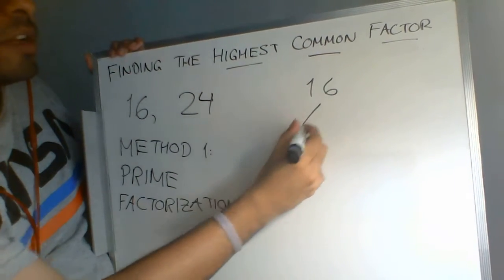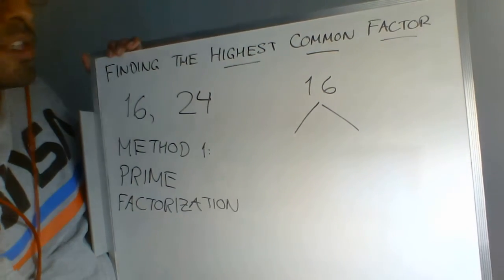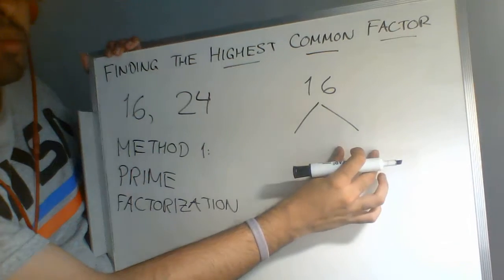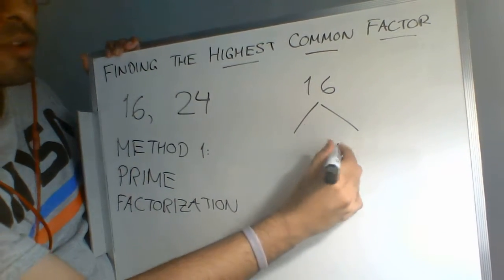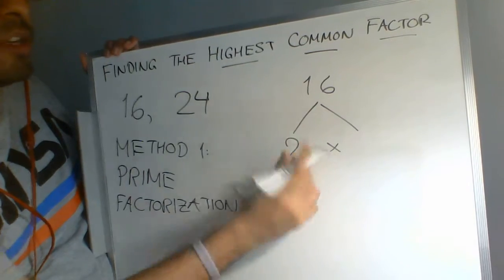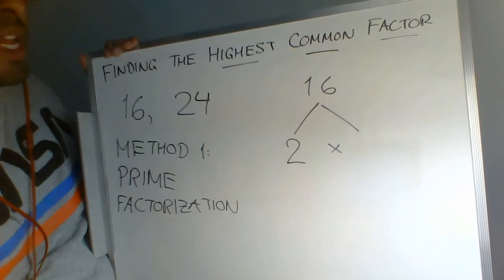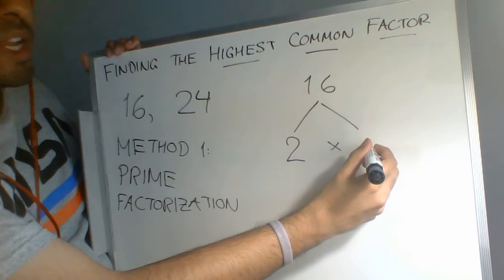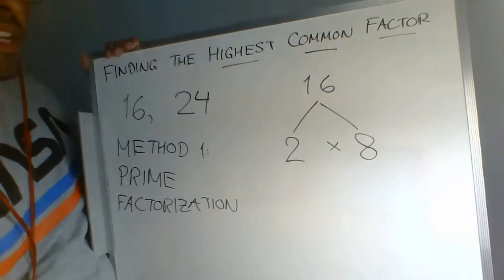The way we broke it up when we were doing LCM is we would find the smallest prime number and put that here, and then we'd put whatever else we needed to, because this is going to be a product. So we'd take a small prime number, which in this case would be 2, since that's an even number, and then we would put, okay, 2 times what is going to give me 16? And we get that 2 times 8 is going to give us 16.